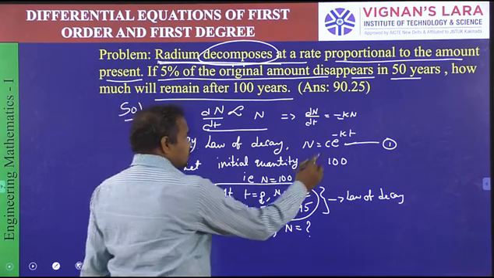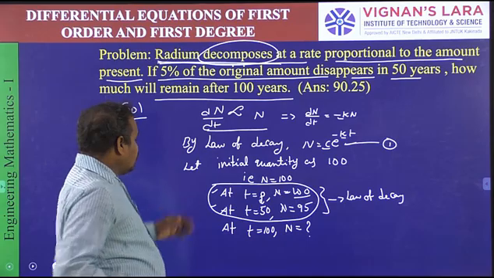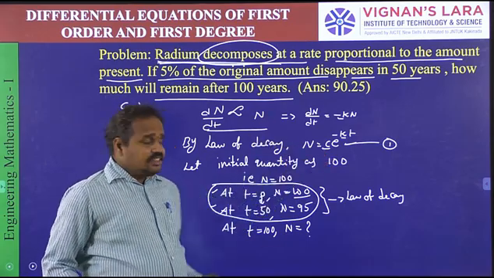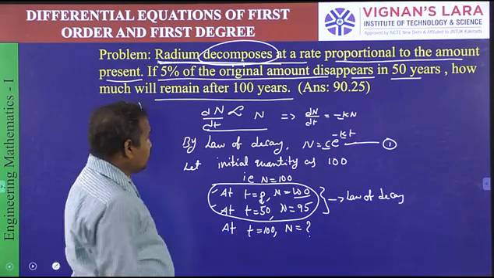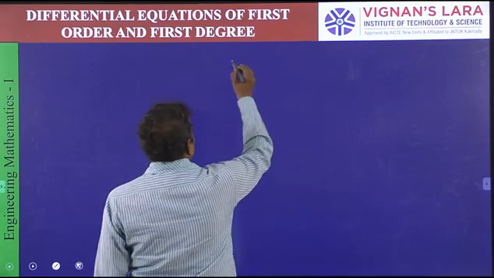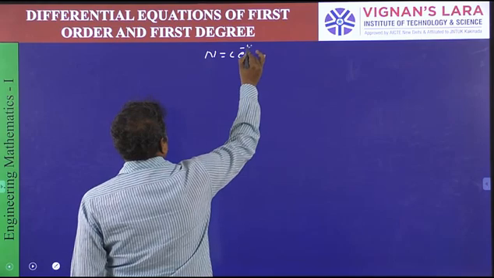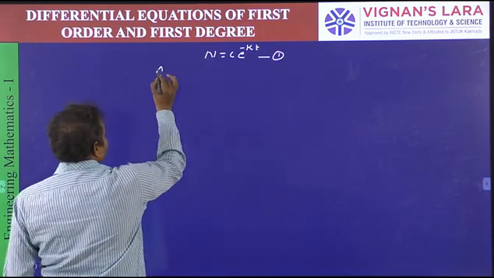Now here we have two unknowns, C and K, and two given conditions. Use these two conditions for evaluation of C and K. After that, at t is equal to 100, we calculate the value of N. What is equation number 1? N is equal to C into e power minus kt. This is our equation 1. What is the first condition?